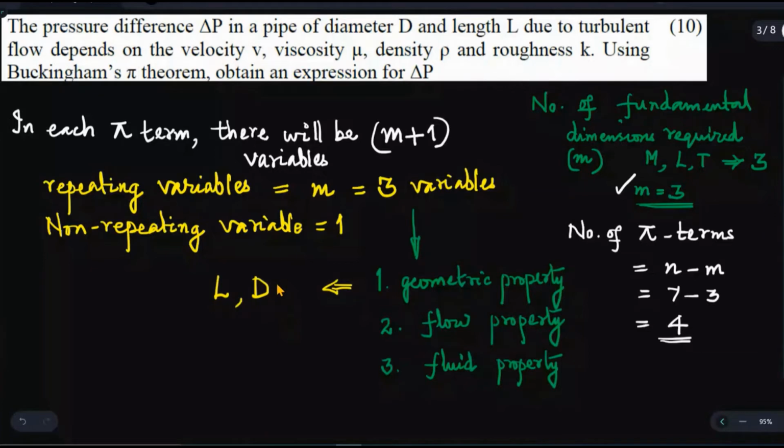So one geometric property. Here you have length and diameter, and you know that in the case of pipeline flow, even while calculating the Reynolds number, you will be using the diameter. So the prime geometric property of concern is the diameter. So you'll choose diameter then. The flow property here, you don't have to bother about much. The flow property available is only velocity, so you have to choose that.